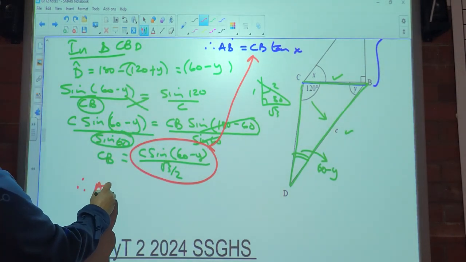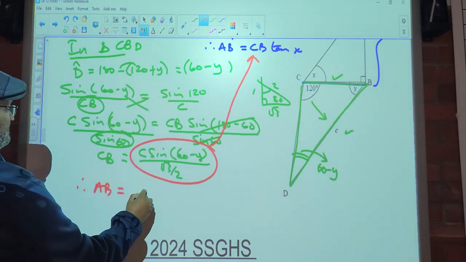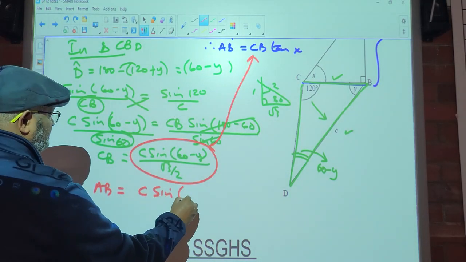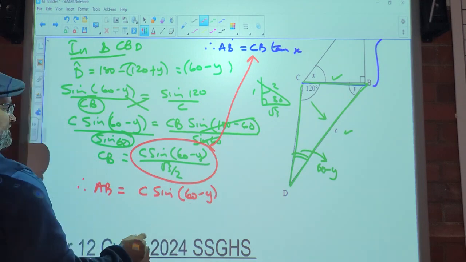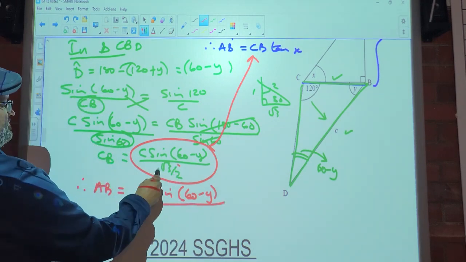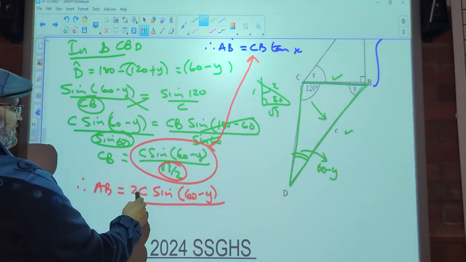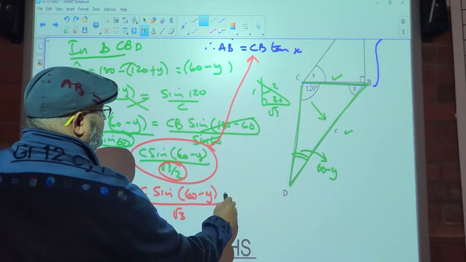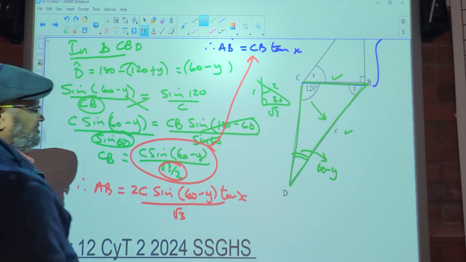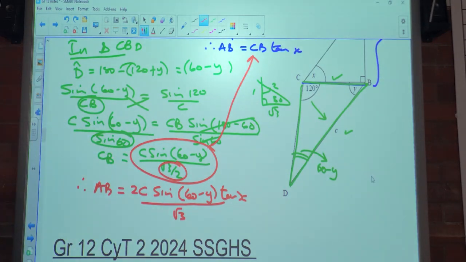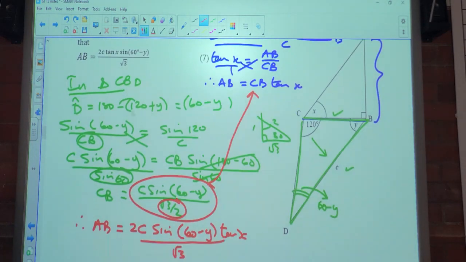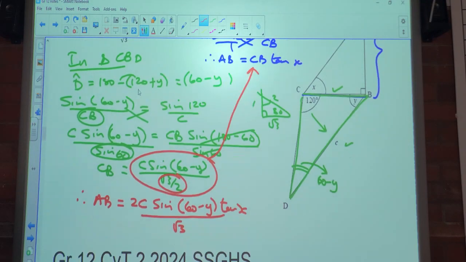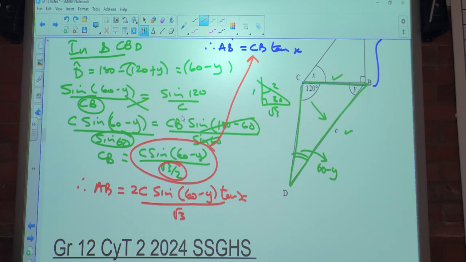Therefore AB is equal to c sine of 60 minus y, divided by root 3 over 2, which is multiplied by 2 over root 3, times tan x. And that is exactly what they want: 2c tan x sine of 60 minus y over root 3.